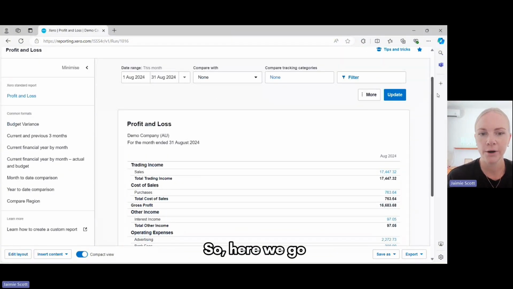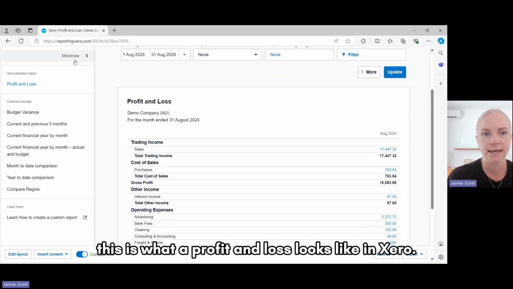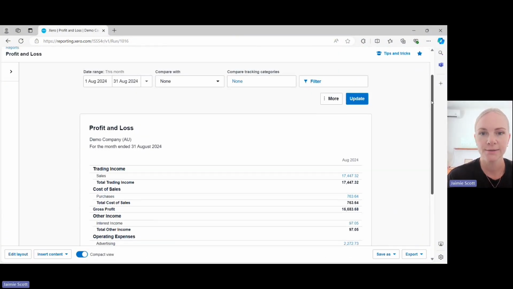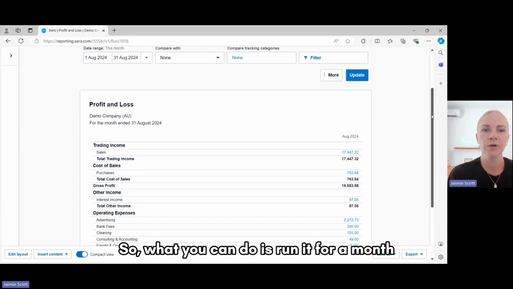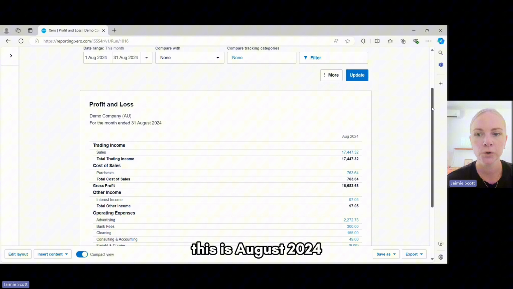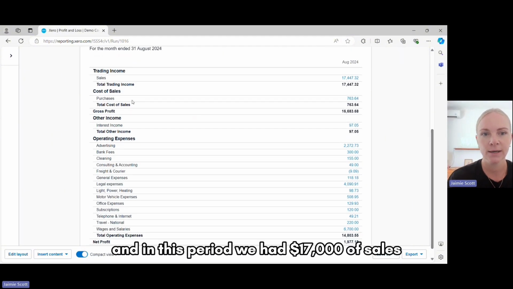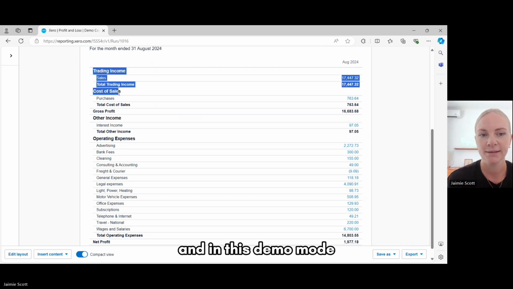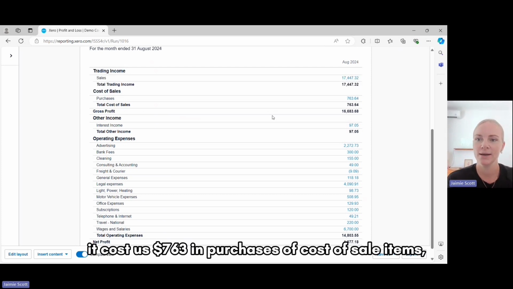So here we go. This is what a profit and loss looks like in Xero. So what you can do is run it for a month. This is August 2024. And in this period, we had $17,000 of sales. And in this demo mode, it cost us $763 in purchases of cost of sale items.